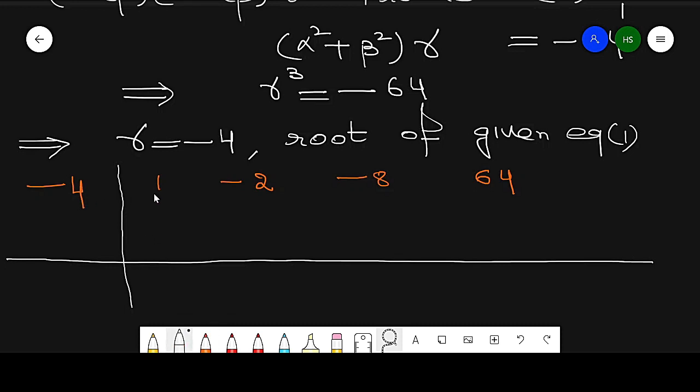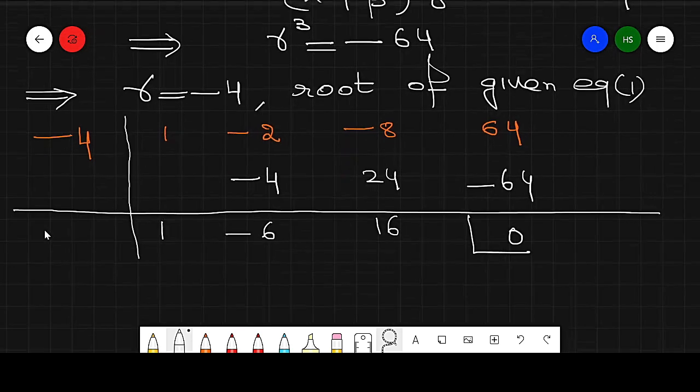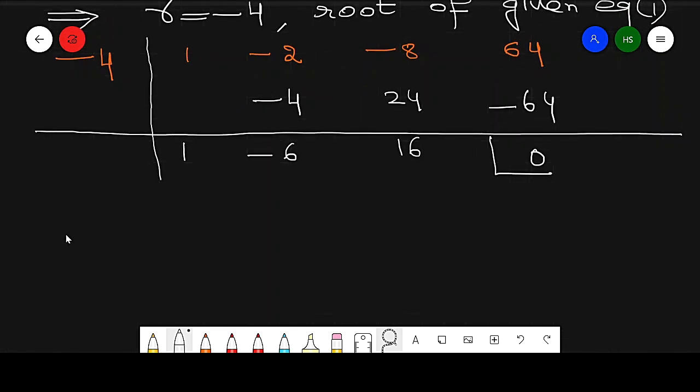So minus 4 into this, which is equal to minus 4. So this will become minus 6. So this will become 24. So this is 16. So this is minus 64. So the remainder is 0. It means minus 4 is the root of that equation.